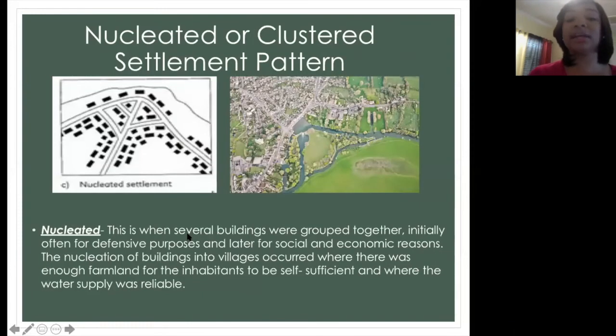Okay, secondly, nucleated or clustered sediment patterns. So this is the second sediment pattern. So let's analyze the shape of this sediment pattern before we move on. Okay, so it's a little bit different, definitely, from our previous slide. Whereas in your previous slide, you were able to see how many buildings?